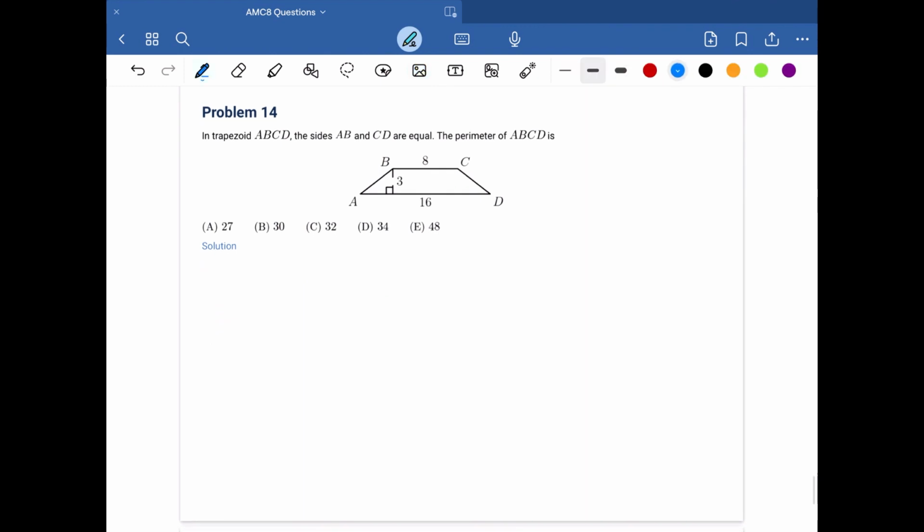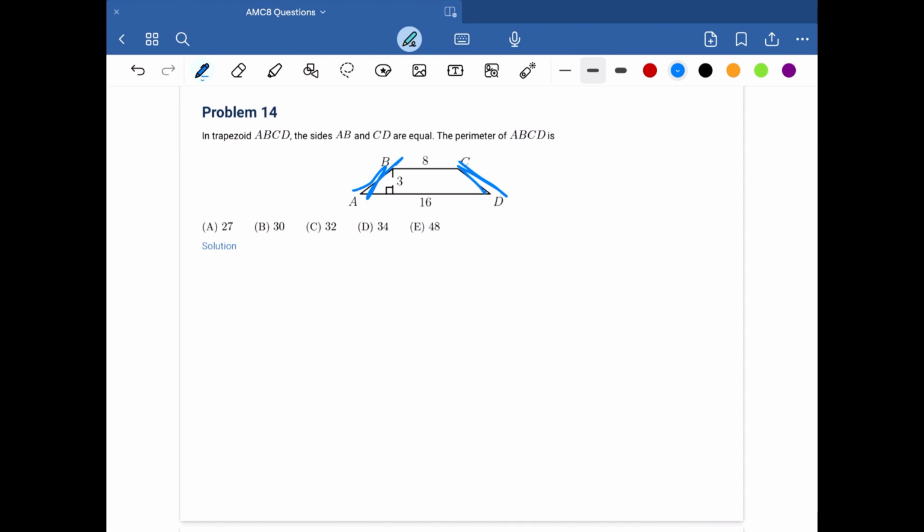The next question is, in trapezoid ABCD, the sides AB and CD are equal. The perimeter of ABCD is A 27, B 30, C 32, D 34, E 48. We're given the height of the trapezoid, which is 3, and we're given the top base and the bottom base. We're also given that AB is congruent to CD.